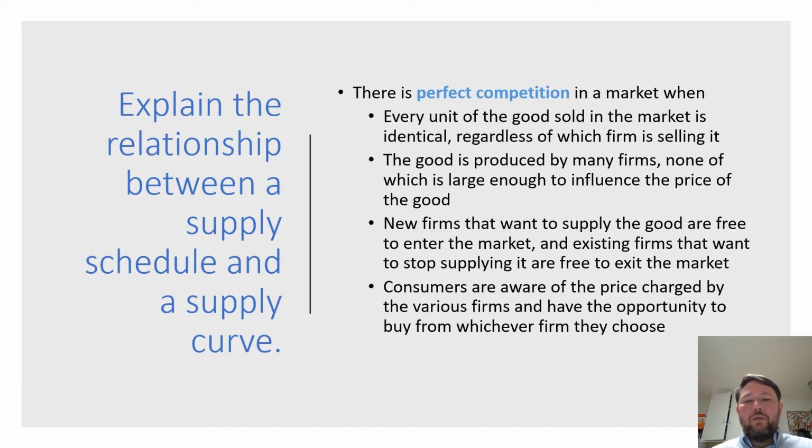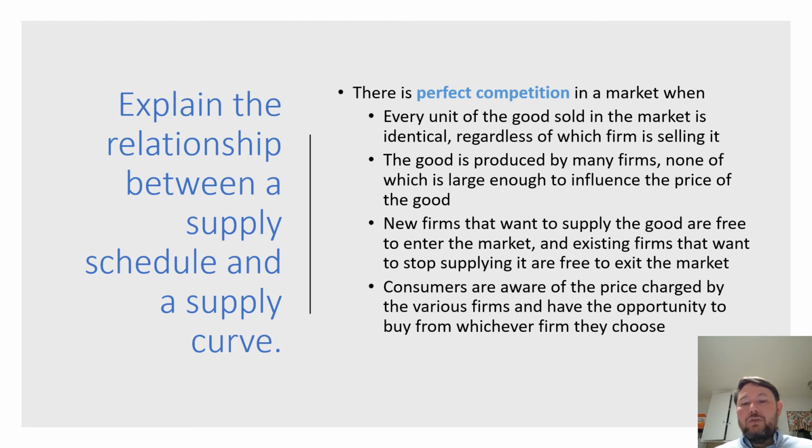All right, and our fourth component of perfect competition in a market is that consumers are aware of the price charged by the various firms and have the opportunity to buy from whichever firm they choose. Sometimes in a market, although you are aware of another firm offering that product, you cannot get to the market where that firm is offering that good or service.